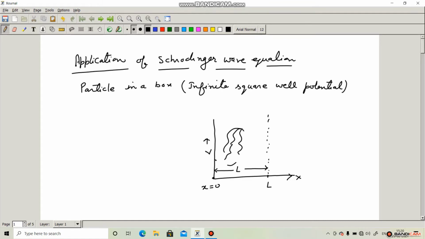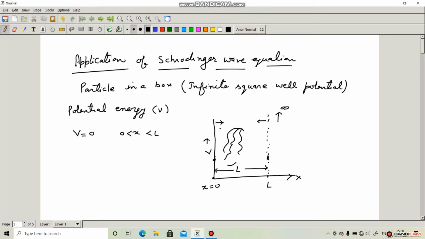We can say that these are the boundary conditions. Particle can move from this place to this place, and in this direction the height of the well is infinite, and we can consider that the potential energy of the particle is V, and it is infinite on both sides of the box, and V equal to 0 when x is greater than 0, less than L. Greater than 0 means in this direction, less than L means in this direction.